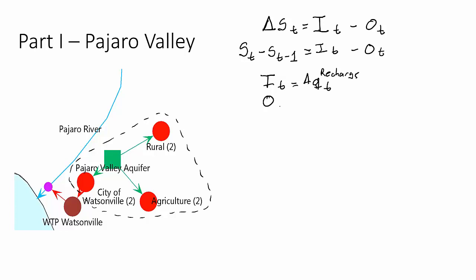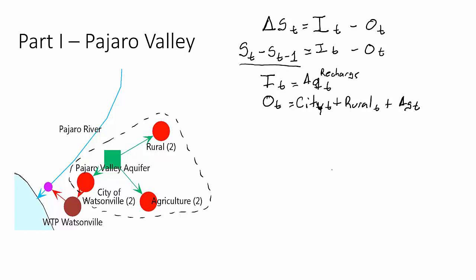The outflows will be the water going for the city of Watsonville plus rural plus agriculture. So if we substitute in this equation, what will be the balance of the aquifer?